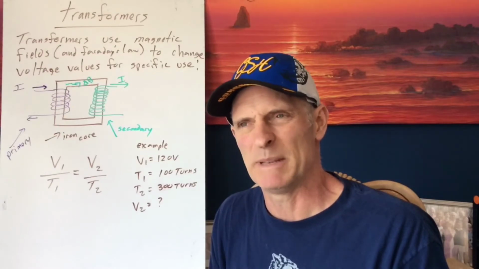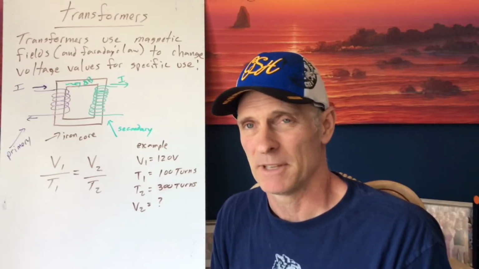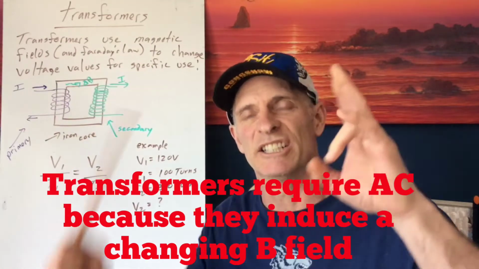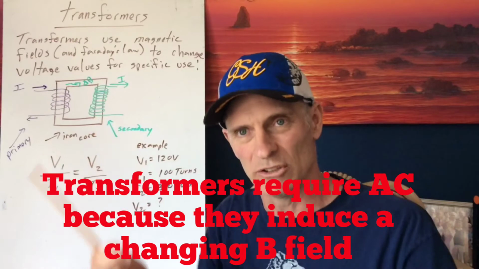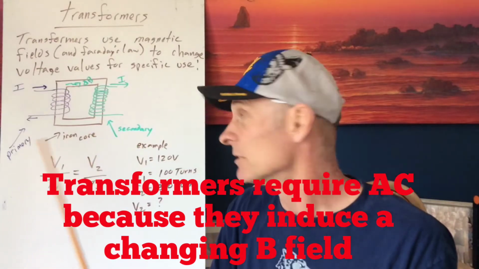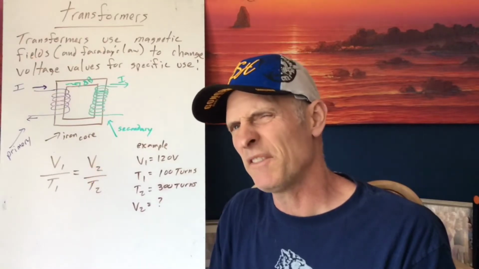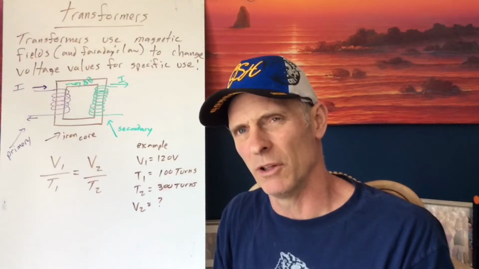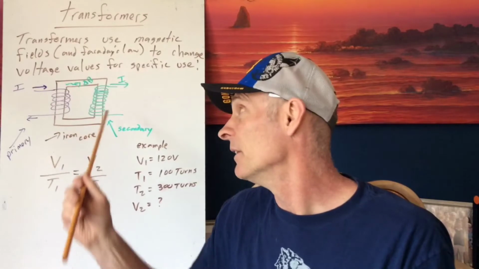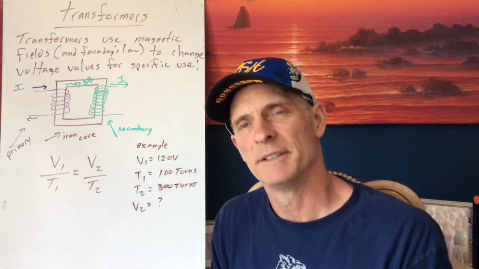Otherwise, it would just be a static magnetic field, and that would not produce current in the second coil. We need a changing magnetic field. As a result, current will be produced in the second coil, but different current than in the first coil, based on the fact that the number of loops are different.